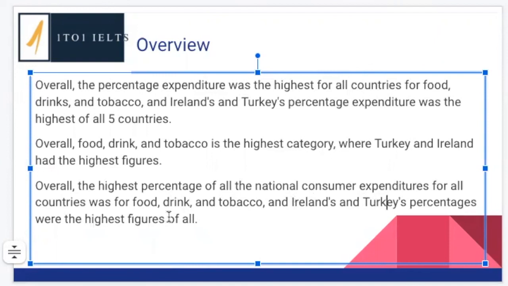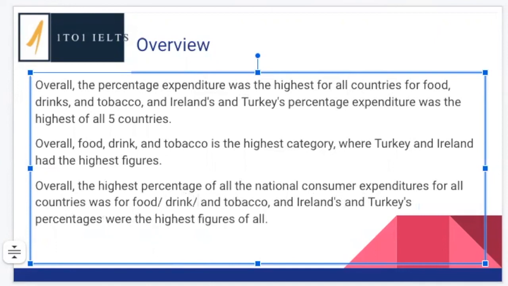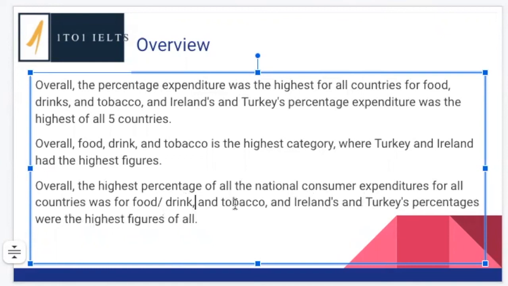Oh, Gabby said, what about writing food with a backslash? Good question. What do we think about this? Yeah, Tamara says no. Again, no. We're never going to be writing with these backslashes.